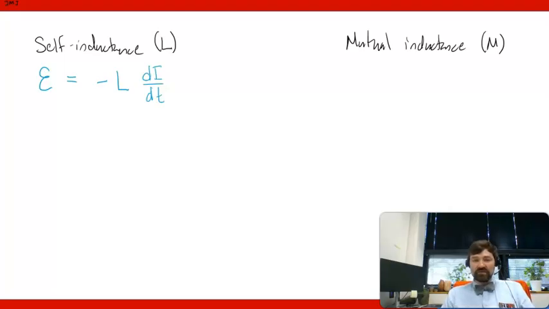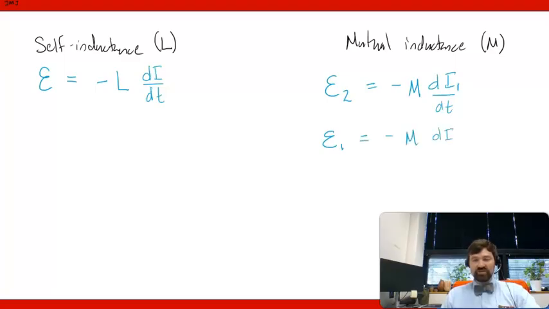Instead, how do we do mutual inductance? Well, mutual inductance is defined in such a way that if I have two devices, the second device will have a back EMF equal to negative of the mutual inductance times the rate change of the current in the first device, and the EMF in the first device will have negative M times the rate change di/dt of the current for the second device.